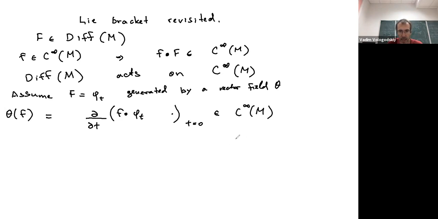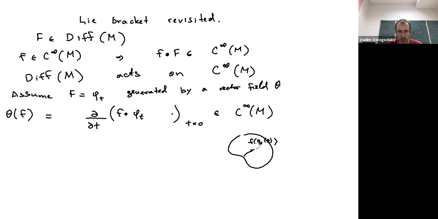Why is this the case? I'll draw a picture. What is written here? If you want to compute this function at point P, you are supposed to take f of phi sub t of P. What is phi sub t of P?